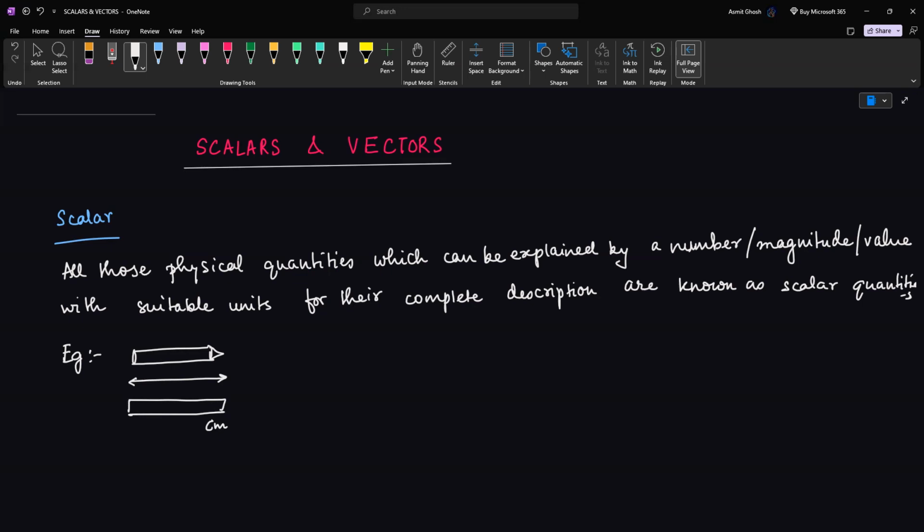So let's say the length of your pencil is 6 centimeters. Since the length of a body can be measured only by a number, it can be completely described by a number and its unit. It is known as a scalar quantity.